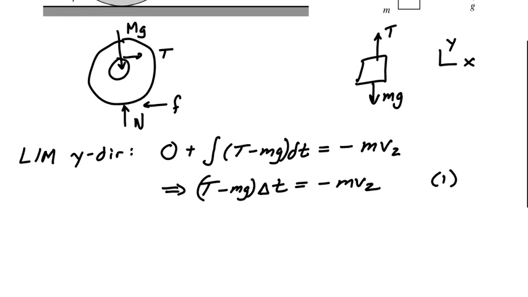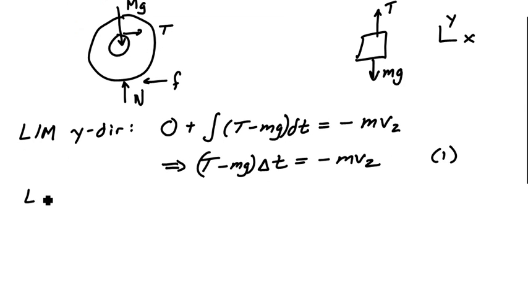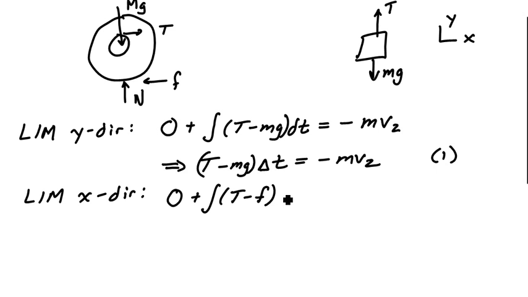Now that I have that equation in hand, I'm also going to apply the linear impulse momentum equation in the x direction, and in this case I'm going to do it, of course, on the spool. Initially the object's at rest, and I'm going to add to this the net impulse in the x direction, which is going to be T minus the friction force, times dt because we're taking the integral.